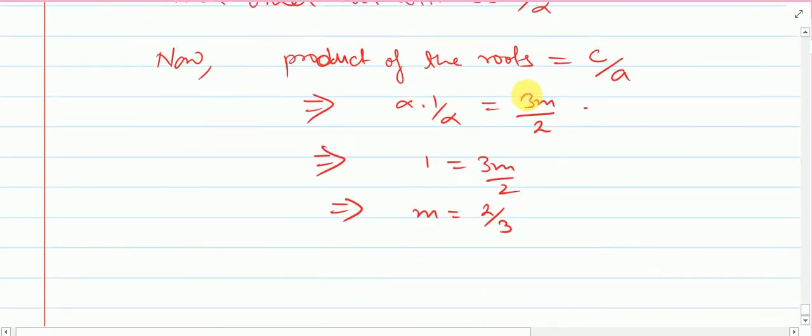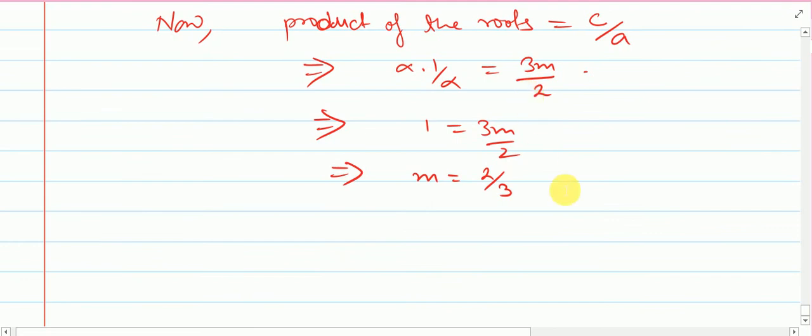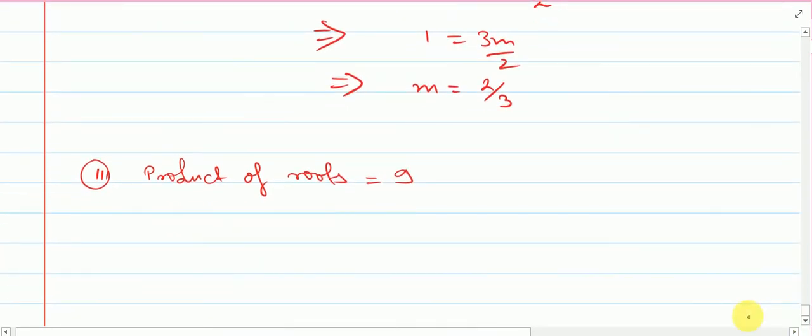So number 3, product of roots is equal to 9, and you know the product of roots is given by c upon a.